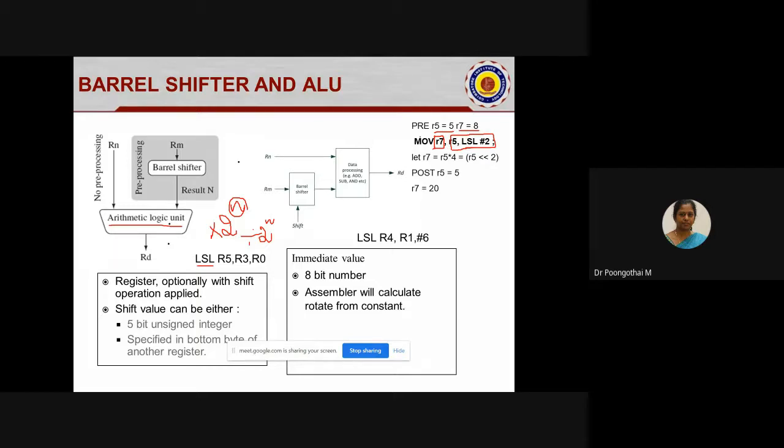So what is the operation of this particular instruction? Please tell me. See, I am going to shift the content of R5. How many times? 2 times. I am using the logical shift left instruction.